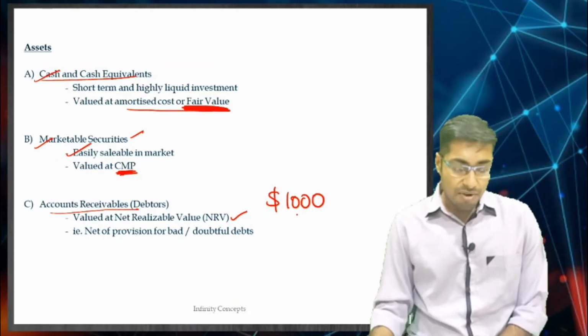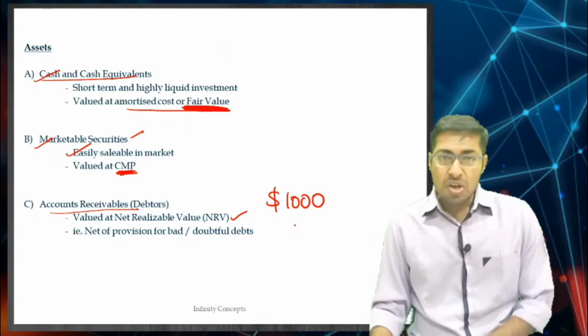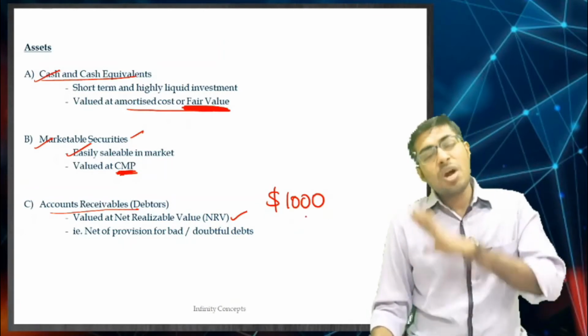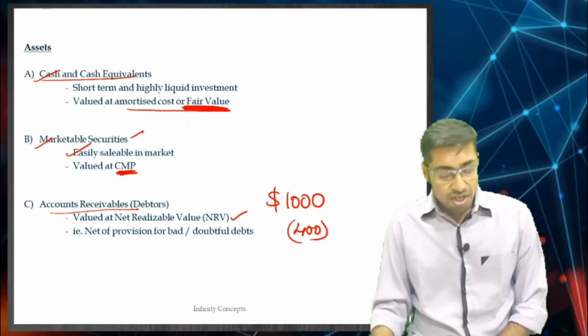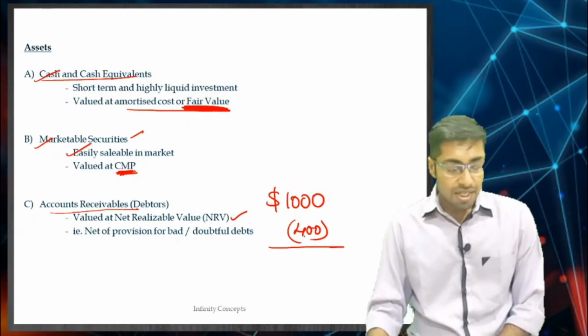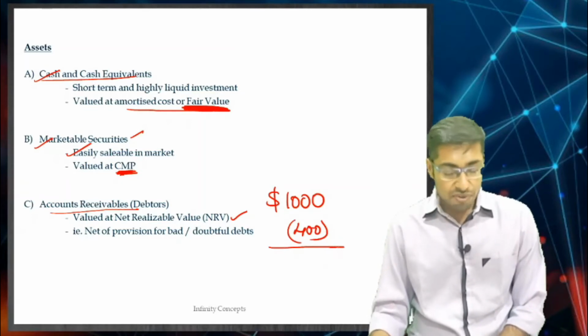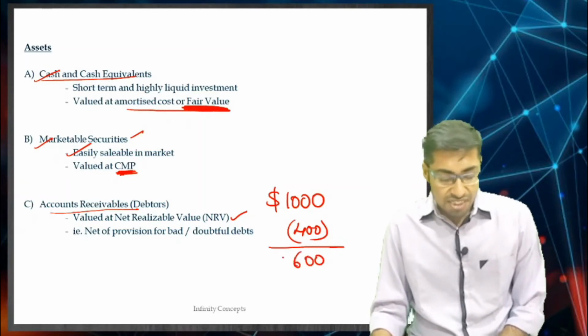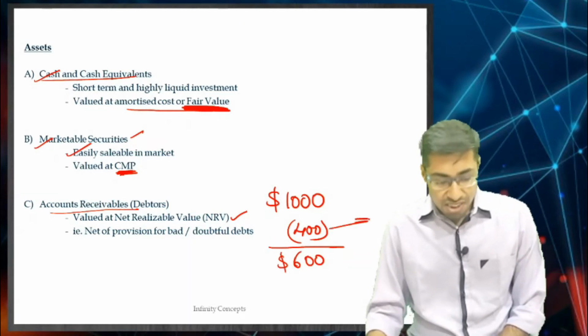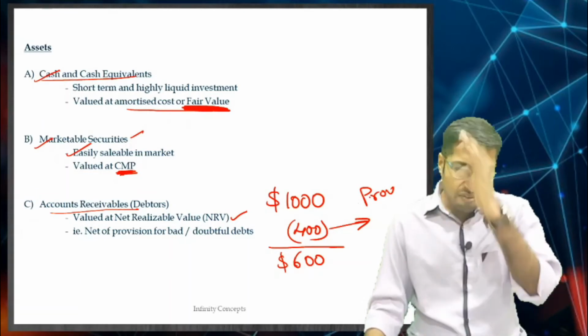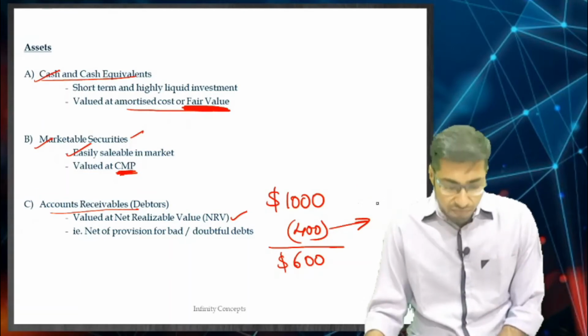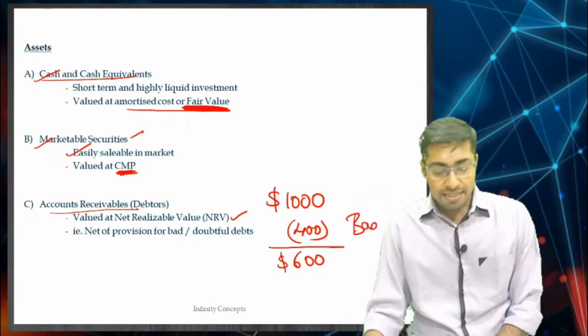Say for example, out of $1,000, your luck is very bad, you are very unlucky, and $400 don't give you money. There are some people who don't give you money, so you are only left with $600. Ideally for this there should be a provision for bad debts that you would have already made. Whether you have made the provision or not is a different thing. $400 becomes your bad debts. Okay, this is your bad debts.